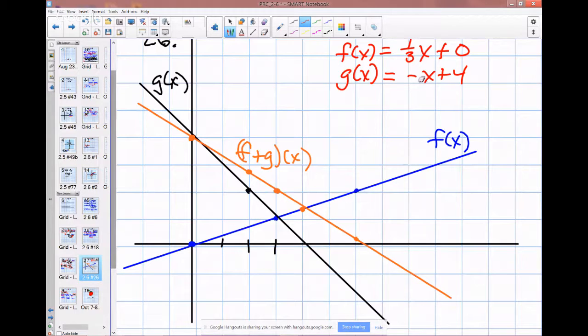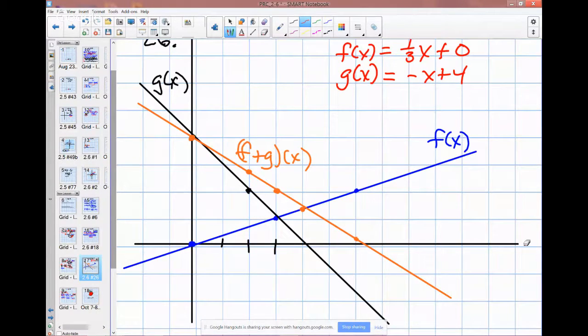G of x has a slope of -1 and a y-intercept of 4. This is kind of like an orange line. There's the y-intercept up there at 4, and the slope is -1. So for every 1 to the right, down 1. Then add them together, going point by point.